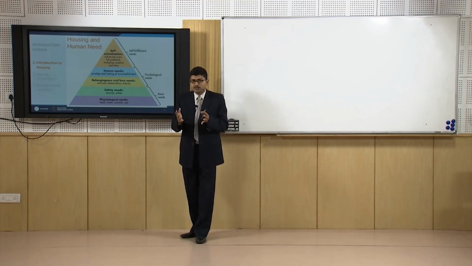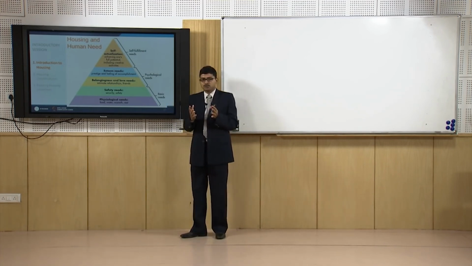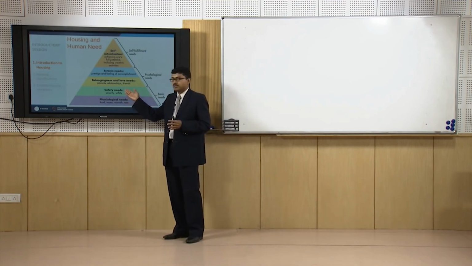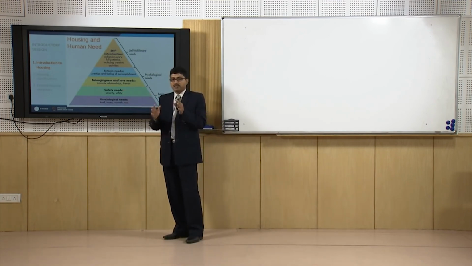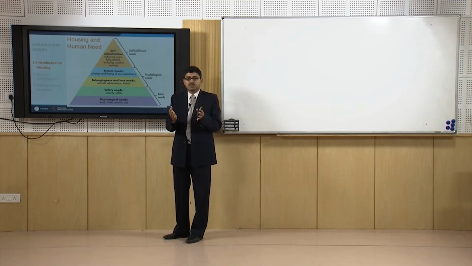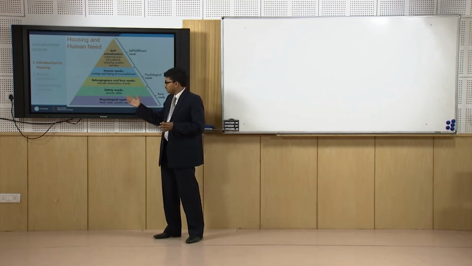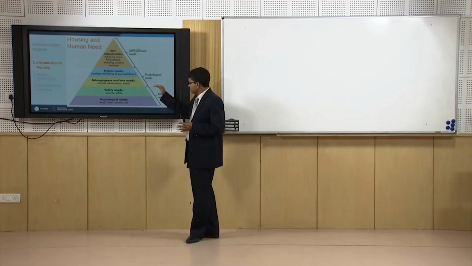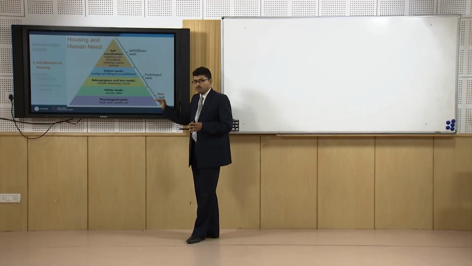So in those cases, when the houses are not strong enough, they fail to give the physiological needs and the safety needs, but a strong house which is designed and constructed based on the technicalities and all the scientific methods will provide the physiological needs and safety needs for the people. So these two needs, which are at the bottom of the pyramid, are called the basic needs.